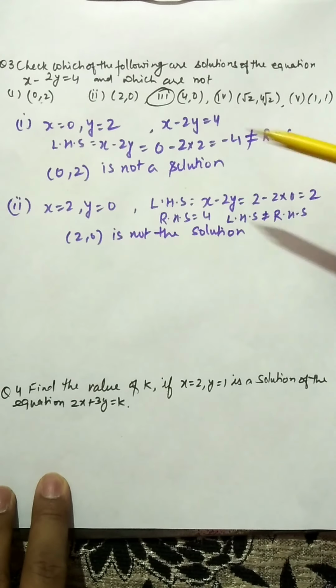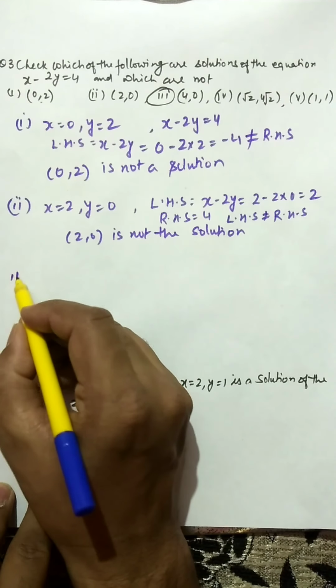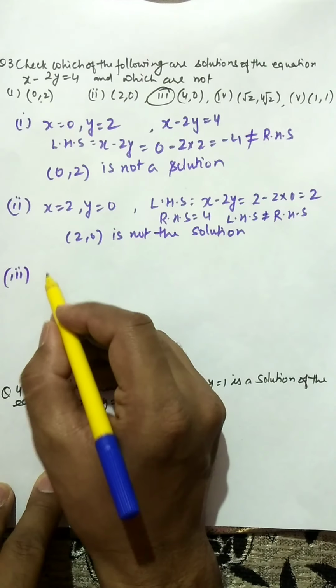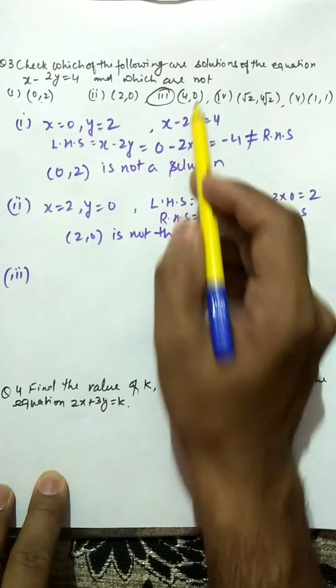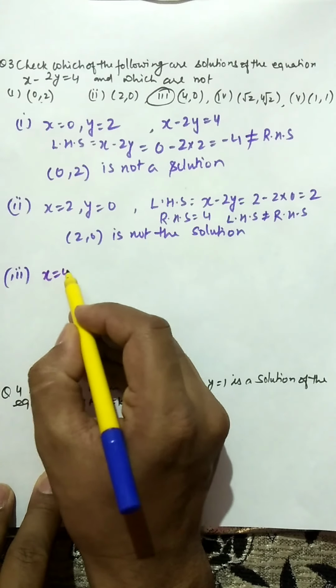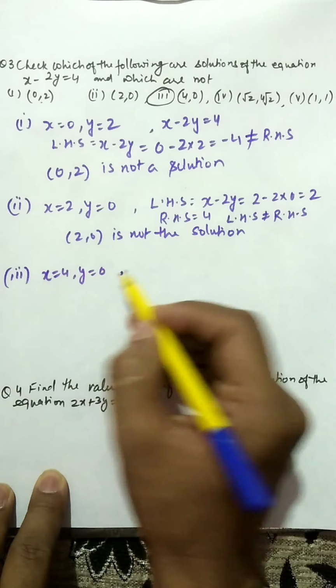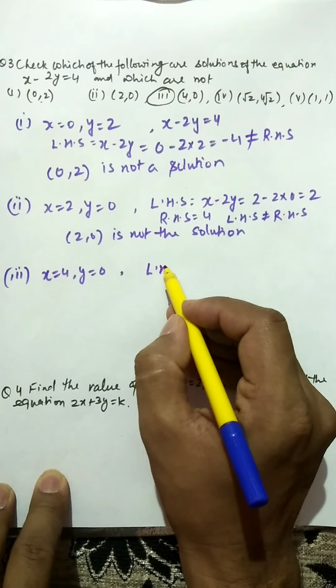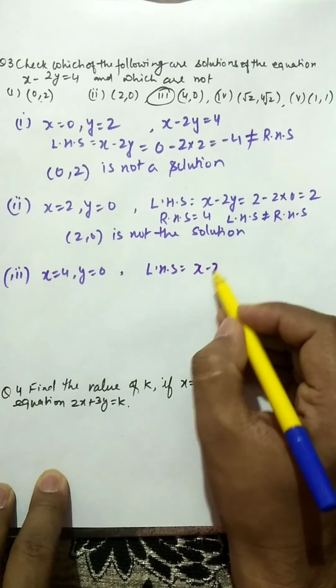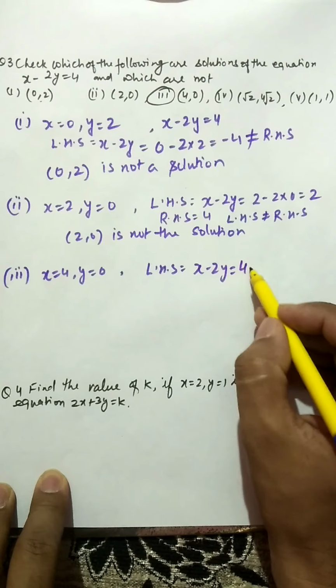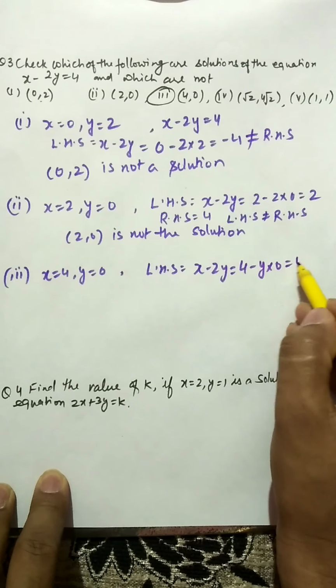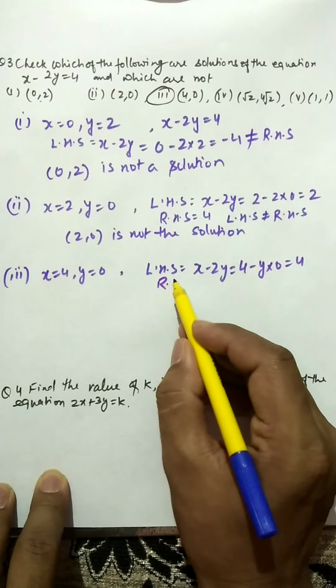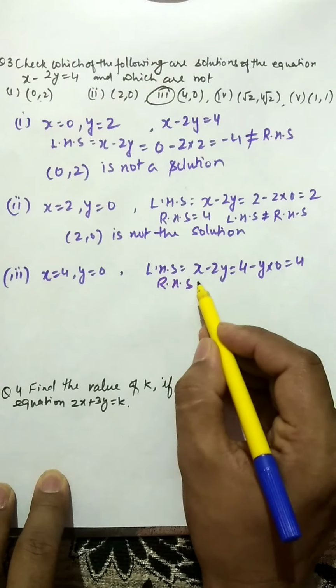Now I am taking the third one. Third one is 4 comma 0. So x equal to 4 and y equal to 0. So your left hand side will be x minus 2y. X is 4, y is 0. So this is going to be 4 and your RHS is also 4. Now you can see that your LHS is equal to RHS.